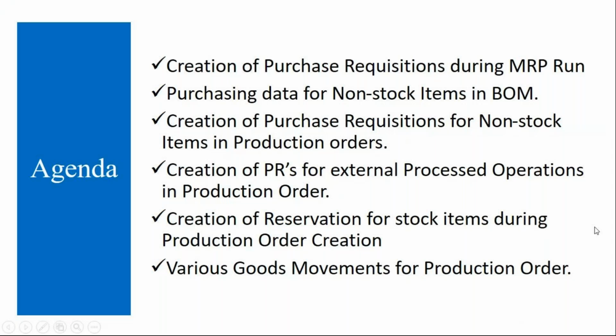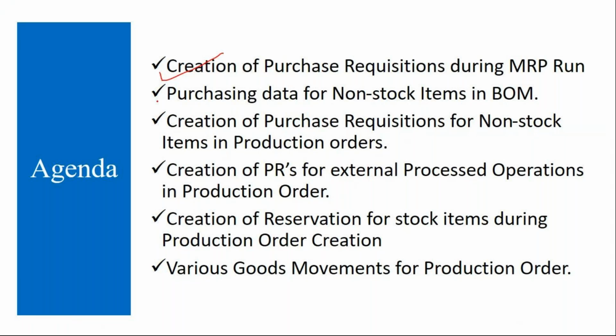The topics we are going to cover today in MM and PP integration are: creation of purchase requisitions during the MRP run. When we execute the MRP run, how does the system generate the purchase requisition for externally procured materials? I will show you this in the system.